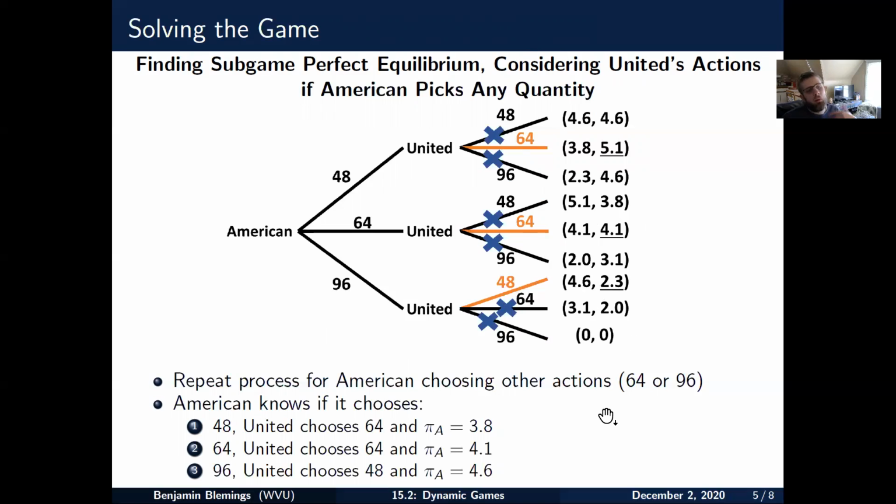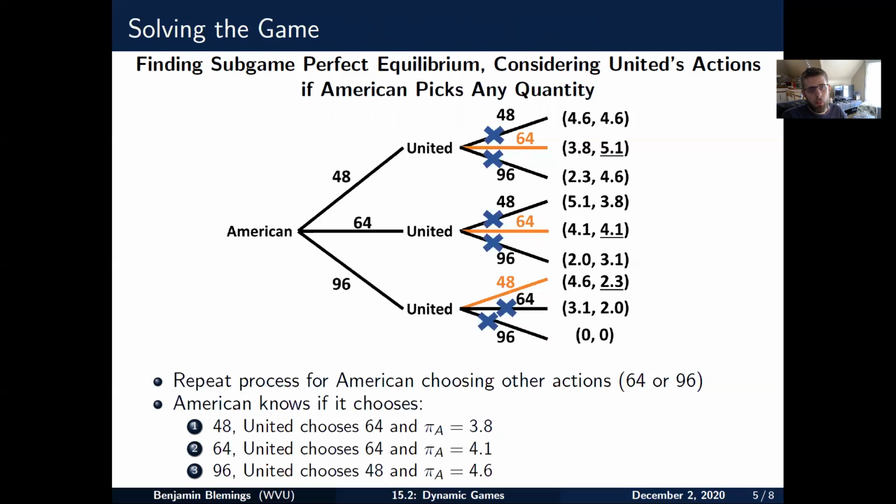And so what we've done is we've eliminated a lot of different potential outcomes in this game. And so now what we need to do is put ourselves in American's shoes, because what American can do is look forward and say, oh, okay, if I choose 96, United chooses 48. If I choose 64, United chooses 64. If I choose 48, United chooses 64.